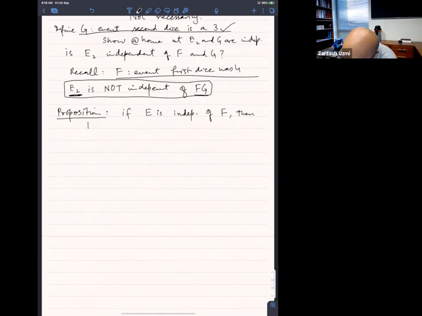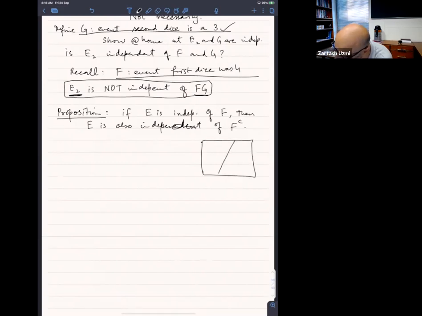Then E is also independent of F complement. So there is a mathematical proof for that, which is given in the notes. Please take a look at that. I'm just going to give you a Venn diagram proof, which is this.